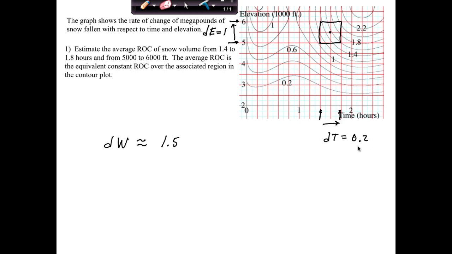Right, so given the two changes in our independent variables, the change in the weight would be the rate of change times those two changes. So is that 1 times 0.2? Yeah, which we get 0.3. So about 0.3 megapounds of snow.